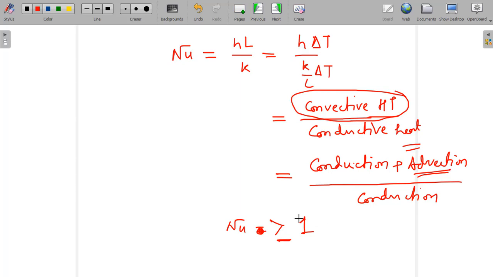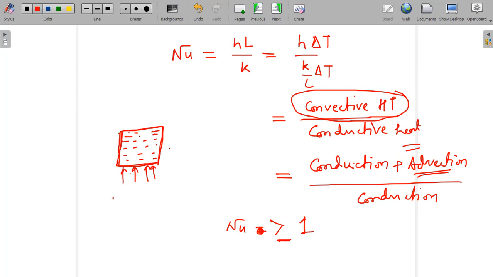If you have to give an example of when the Nusselt number is equal to 1, you can consider a pot or a container in which some fluid is there, and it is kept in a place where one end is heated. Suppose this end is heated, then the heat transfer through the fluid will be pure conduction only if there is no fluid motion.